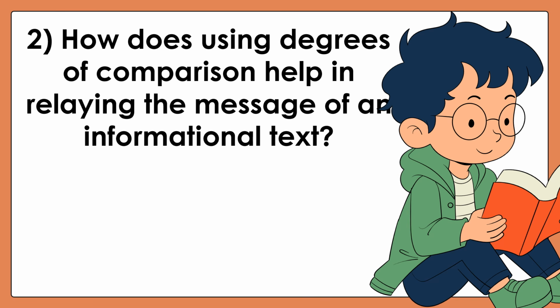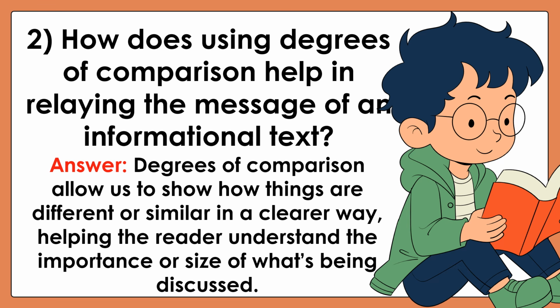Second, how does using degrees of comparison help in relaying the message of an informational text? The answer: degrees of comparison allows us to show how things are different or similar in a clearer way, helping the reader understand the importance or size of what's being discussed.